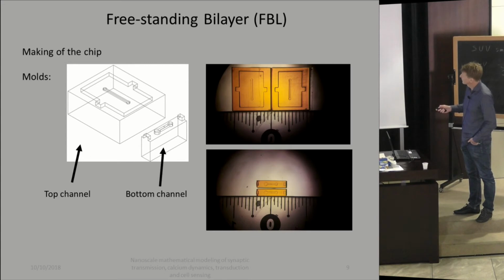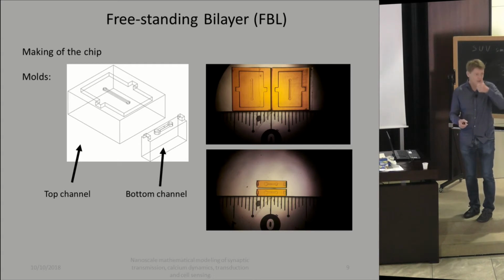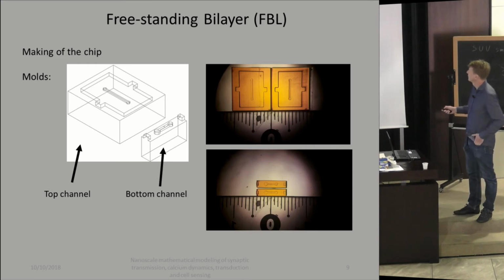You see there's a thin protrusion on the mold, on the drawing. It will be the bottom channel. Same here, and you see the tiny black dot here. It's the small pillar that will make the connection between the two channels.